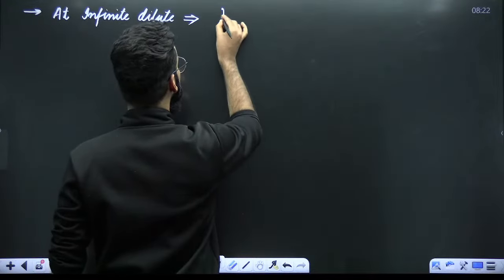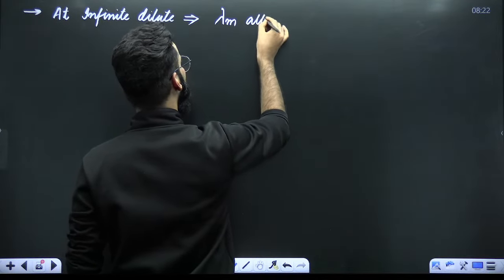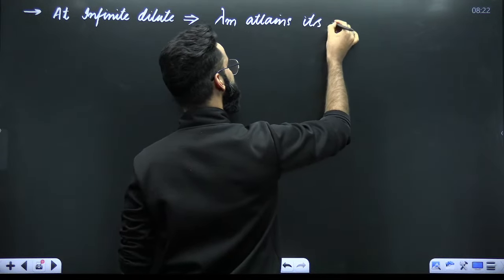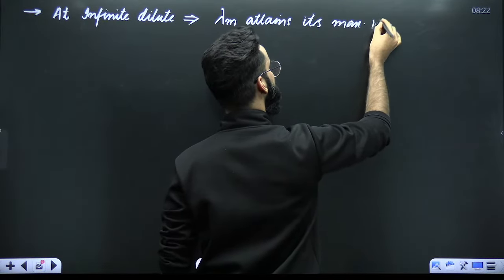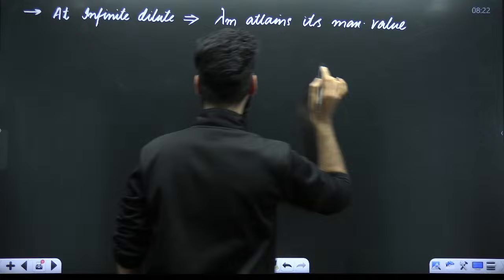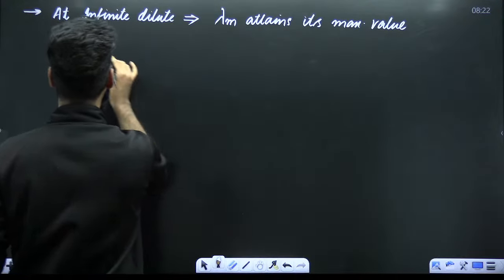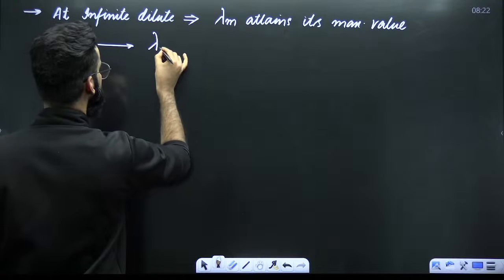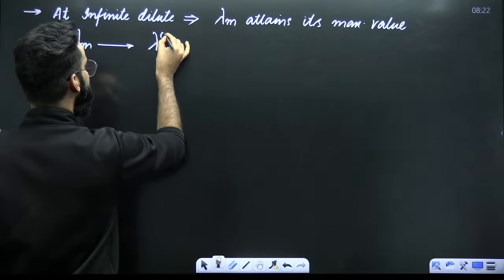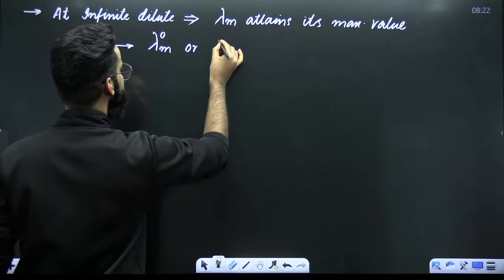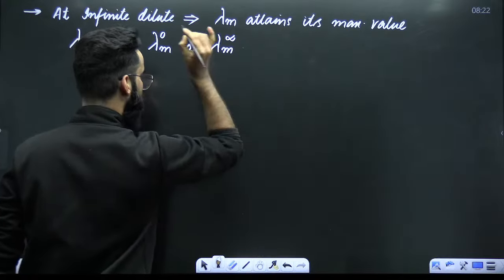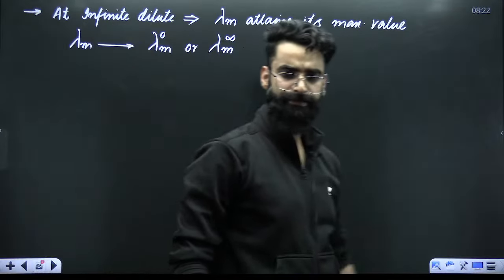Lambda m, molar conductivity, attains its maximum value. And the maximum value of molar conductivity is what you call molar conductivity at infinite dilution, or it is represented like this: lambda m infinite. Perfect. Is this clear?